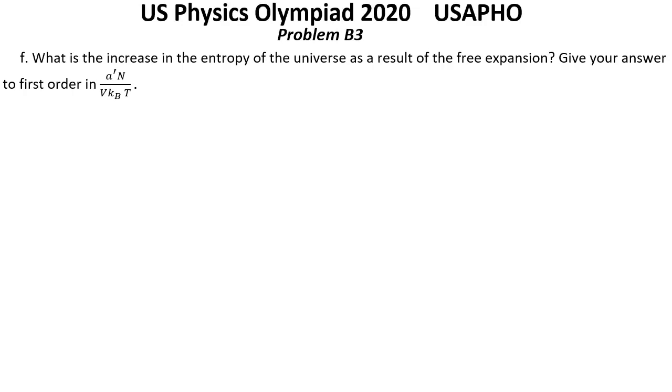Because entropy is a state function, we compute this change in entropy by constructing a reversible process between the initial and the final states of the expansion, and computing the change in entropy for this process. Consider a constant energy reversible expansion of this gas.